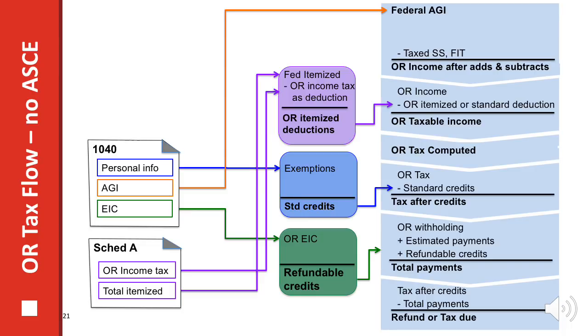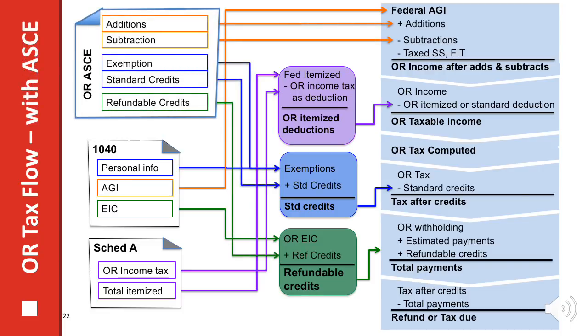Now, let's take a look at when you do have some additions and subtractions on a slightly more difficult return. It pretty much looks the same, except take a look at that upper left-hand corner. This is the ORASC schedule, so additions, subtractions, and credits.